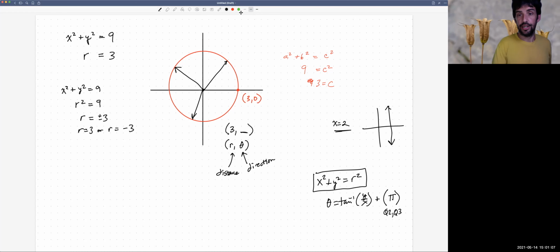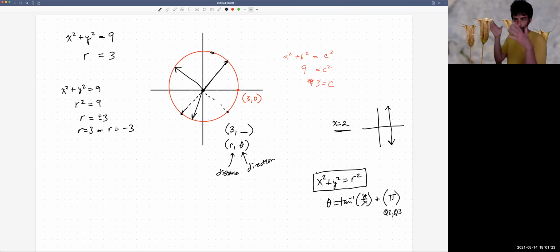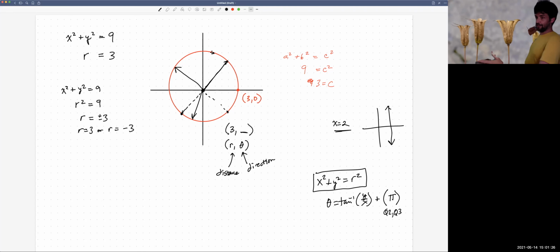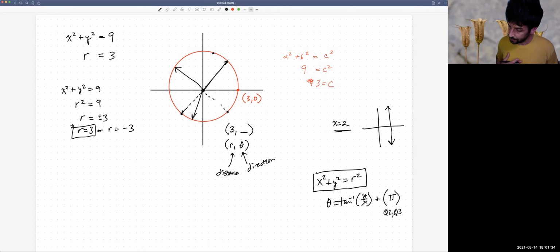So if we pointed in this direction, we would just go 3 units in the opposite direction and land on the opposite side. And since we're going in every direction anyways, we'll still hit them all. It's just we'll hit them in that weird way of pointing this direction and taking 3 steps backwards. Okay, so we typically just take the positive when it doesn't matter like this and take that as our equation.